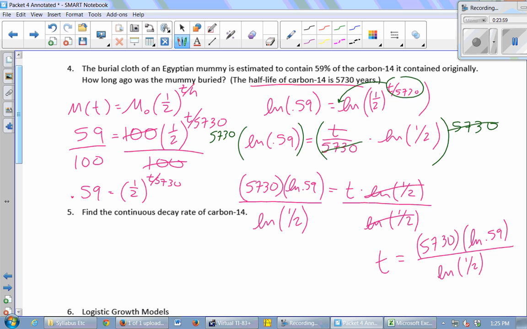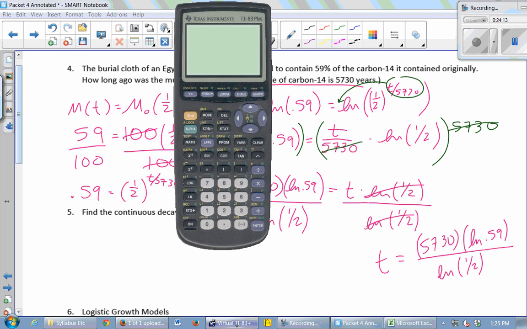But if somebody asked you, how old is this Egyptian burial cloth? And you said 5,730 times the ln of 0.59 divided by the ln of 1/2, they'd probably punch you in the face, right? So you should type that into your calculator and give a decimal answer.